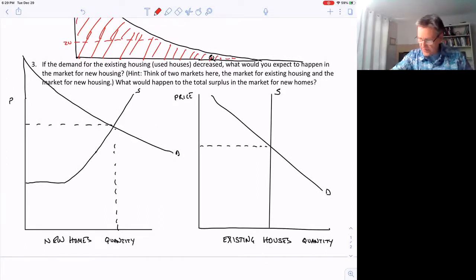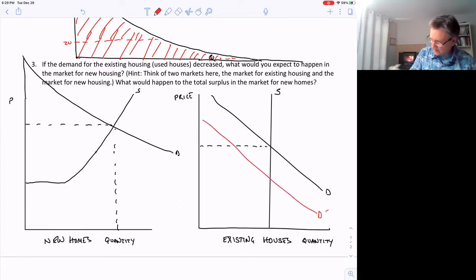So the demand for existing homes decreases. That would shift the demand curve to the left. Maybe it's because people don't want to buy a home anymore. Maybe they're dropping in value, and expectations are that homes are going to be going down in price. Or maybe interest rates have gone up, so now it's more expensive to buy a home.